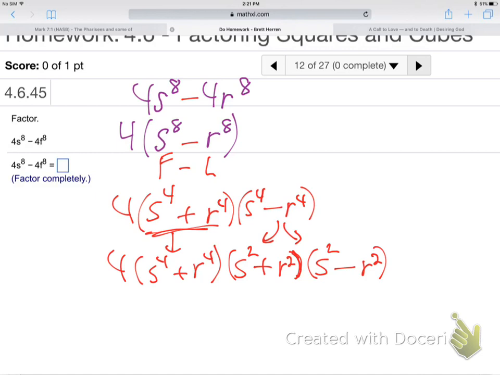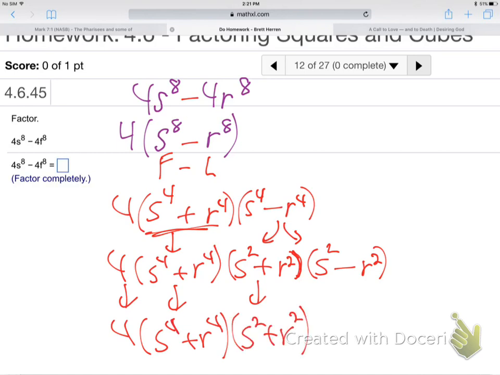And now these 2 pluses will not go further, but they will be part of the final answer. And this last one will do another FL breakdown. So it'll become S minus R, S plus R, done. At this point, we're at first powers, we're done. So the whole thing is the answer.